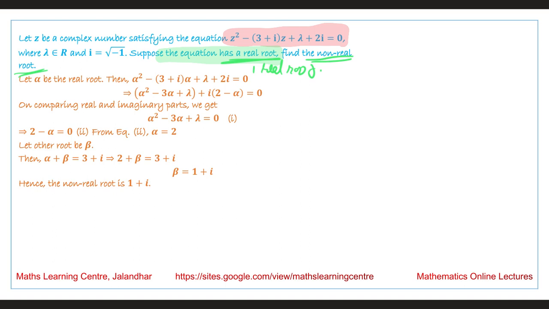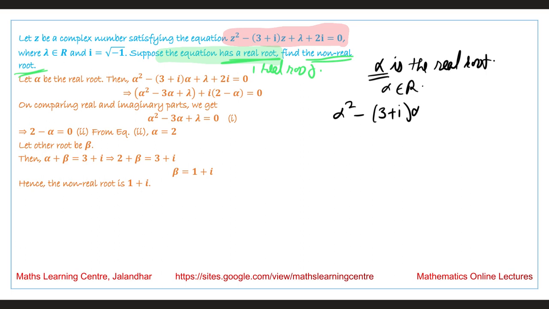So if this equation has a real root, suppose alpha is the real root, alpha belongs to R. In that case, we have alpha square minus (3 plus iota) alpha plus lambda plus 2 iota is equal to 0.